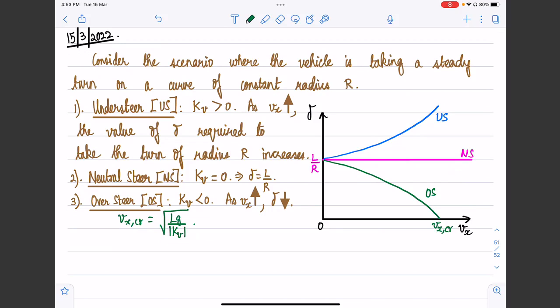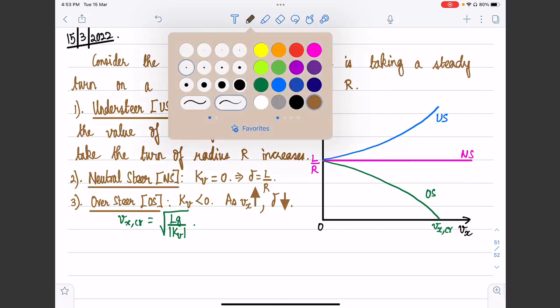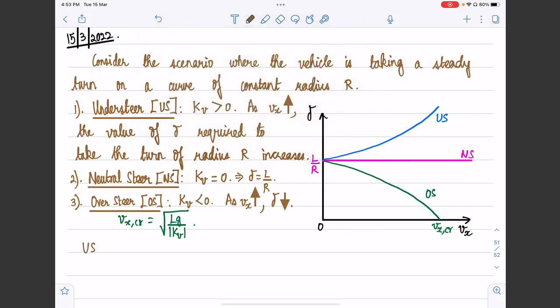And for an understeer vehicle, there is another term which becomes important. For an understeer vehicle, the term characteristic speed is used to denote the speed at which the steering angle doubles from the 0 value, the y-intercept.